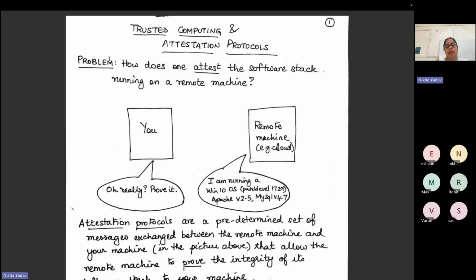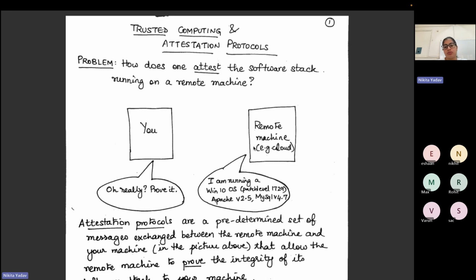Okay. And the problem that we are looking at right now is that you are, say, a client of a cloud service, and you want to ensure that the software stack which is running on the remote machine by the cloud provider is actually some particular software stack that you trust. So the cloud provider needs to provide a proof of the software stack.